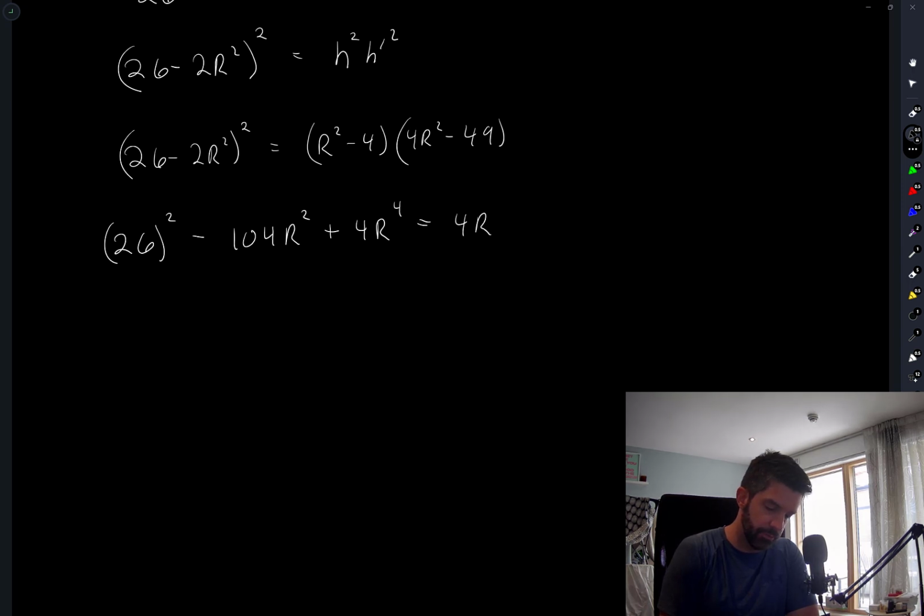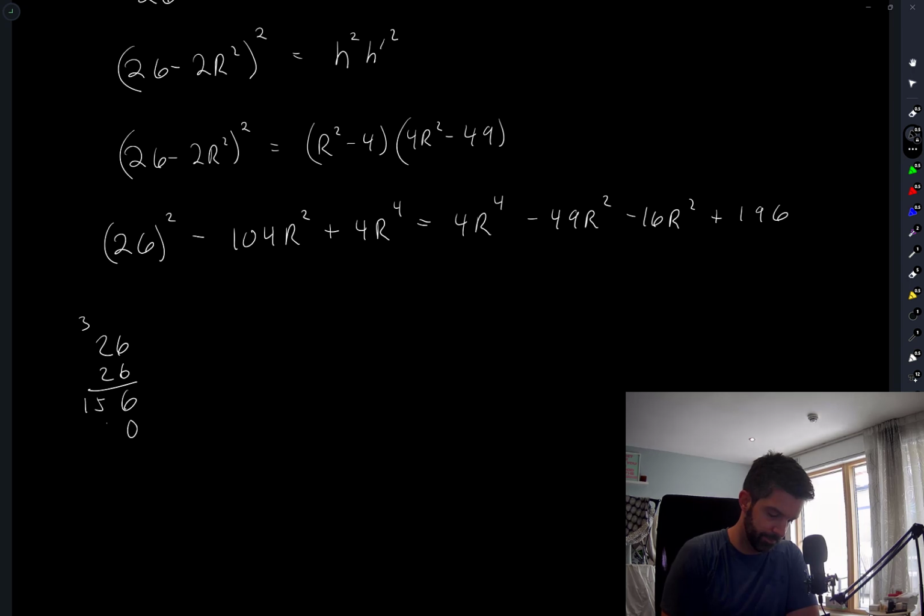Oh, we get some cancellations of r to the 4. That'll be helpful. I think I did the arithmetic there correctly, although except for 26 squared, which is what? 676.